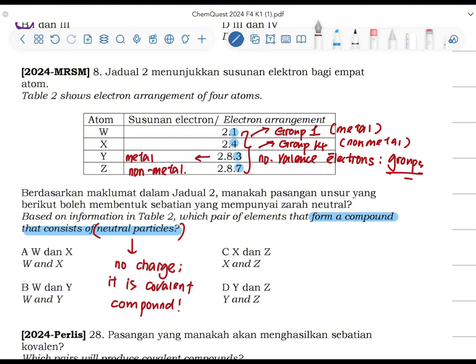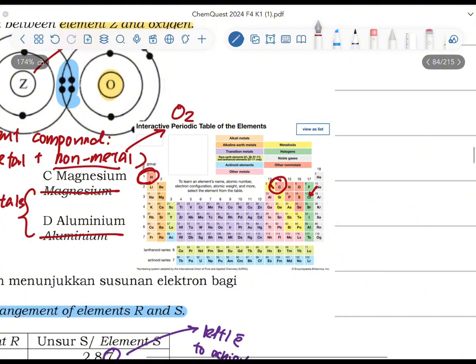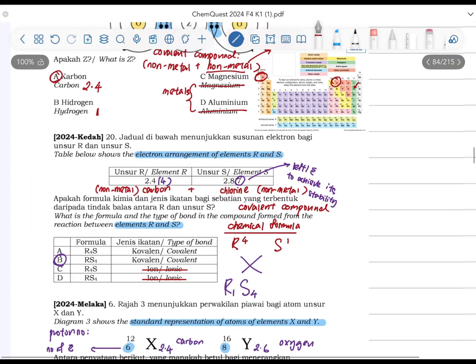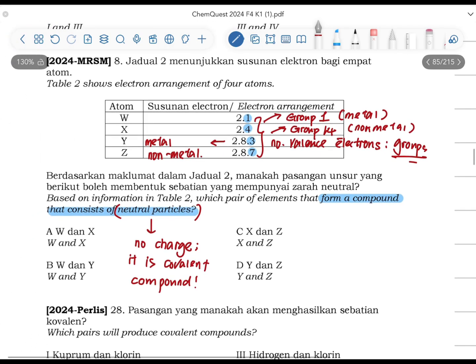Even if you don't know how to use the number of valence electrons to find the group, you can just count the number of electrons in the atom and refer back to the periodic table. But it will take a long time, so I don't recommend it unless you really don't know.